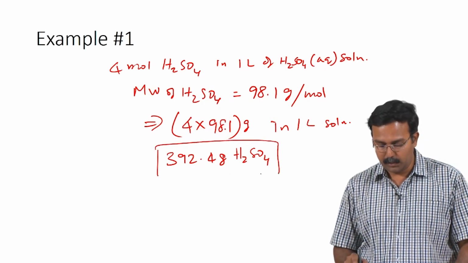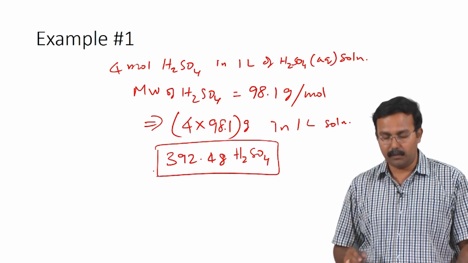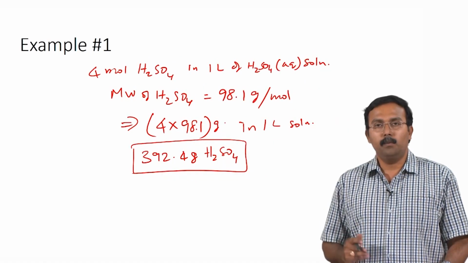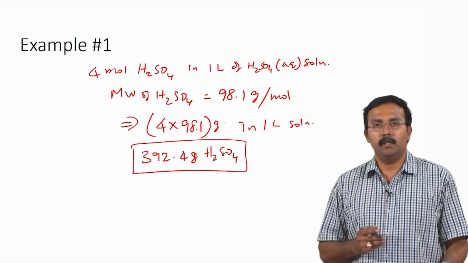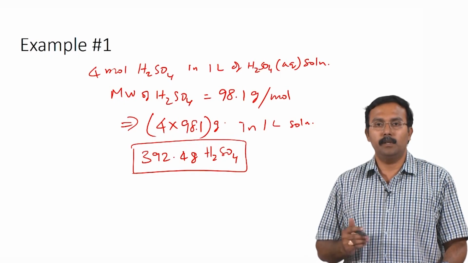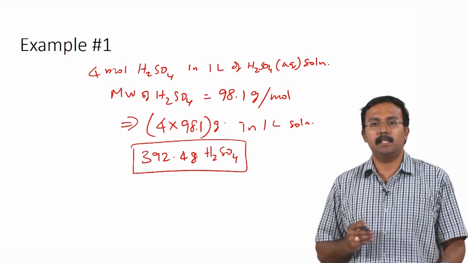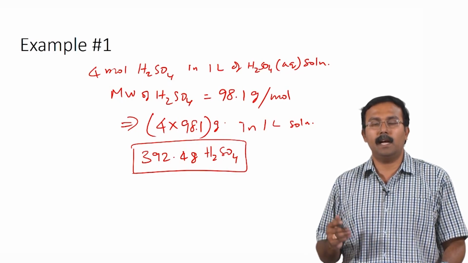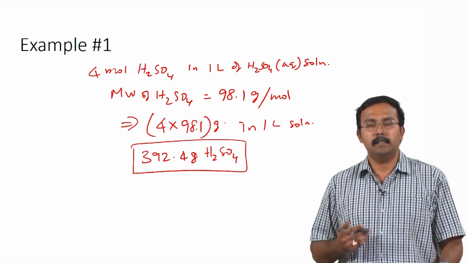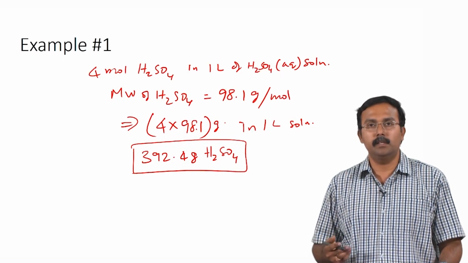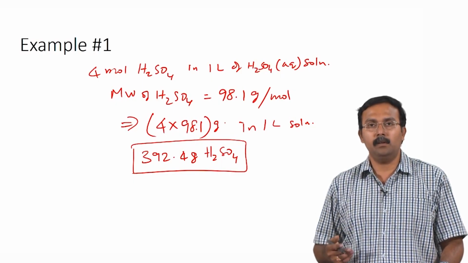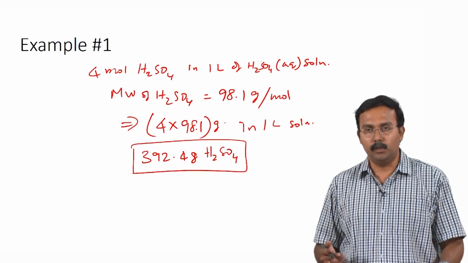So you need to use 392.4 grams of sulfuric acid, and in the 1 liter solution it would be sulfuric acid and water that are present. So we know that the mass of sulfuric acid is 392.4 grams. So what is the mass of water? We know the volume of the solution and we know the specific gravity of the solution. So we can calculate the mass of the solution.